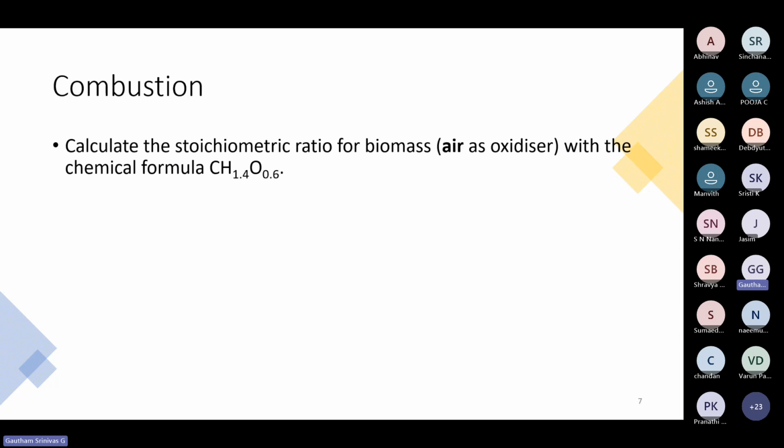We spoke about the stoichiometric oxygen requirement for biomass in the previous lecture. So now you have to calculate the stoichiometric air requirement. What is the general formula for air that we are following as convention?